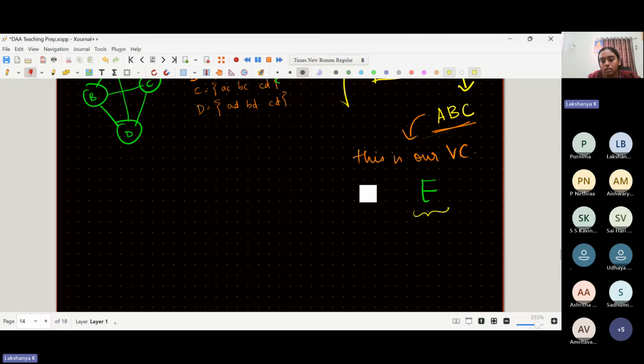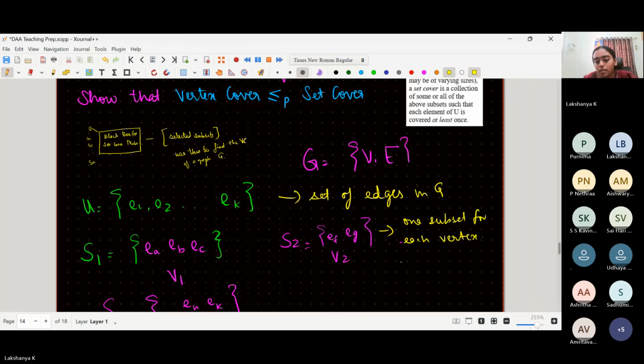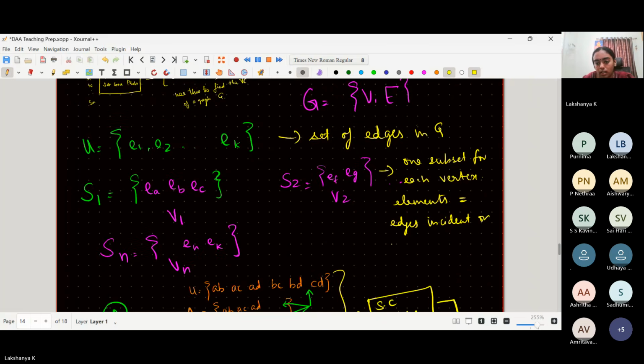Does it make sense to everyone? Okay. So how do you reduce vertex cover to set cover? Your universe is the set of edges in the graph. You have one subset for each vertex. Elements of that subset are going to be edges incident on that vertex.